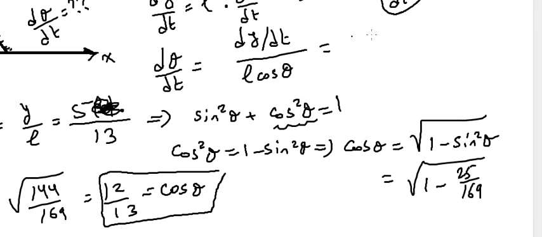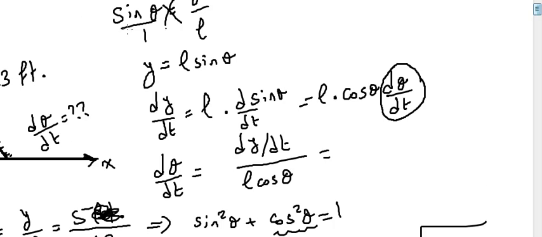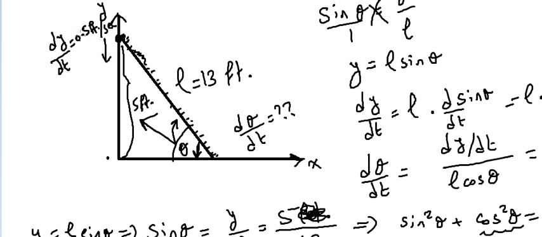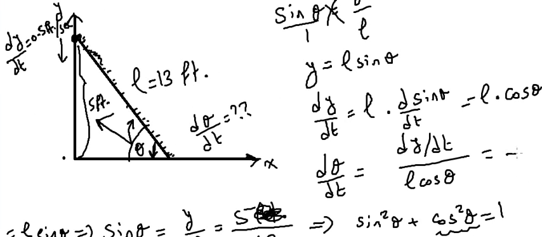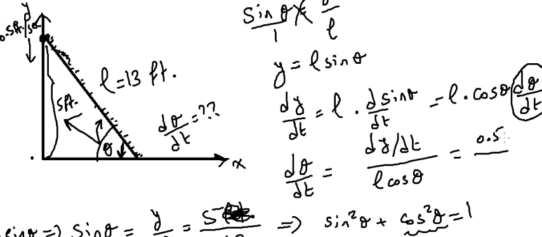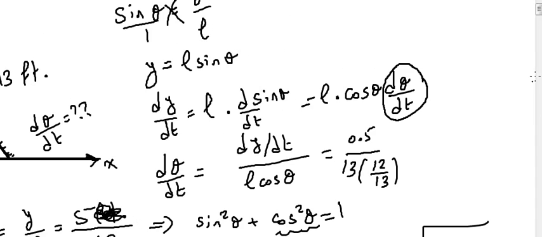Now, what is dy/dt? It's given as 0.5, right? He gave it to me in the beginning. So we put here 0.5, and we will put the units when we finish. L is 13 because it's the length of the ladder, times 12 divided by 13, which is cosine theta.